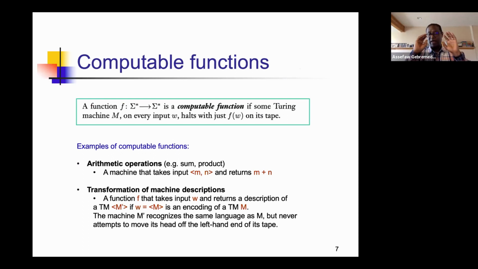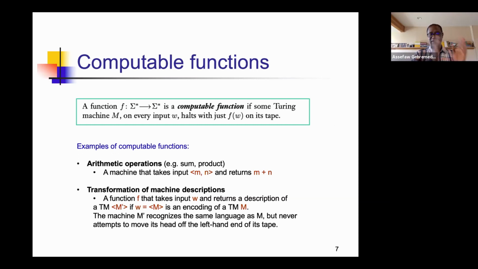So the idea now, we will still be working with our Turing machines. The idea will be to talk about a function in which the Turing machine starts with a string on the input tape, and ends up with something on the tape that is whatever the function we are defining gives us.